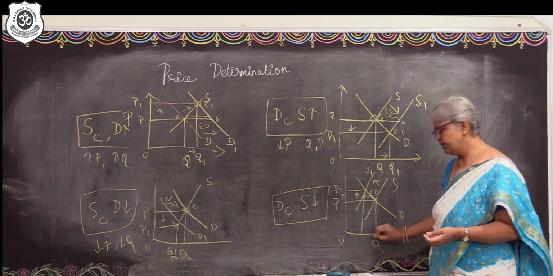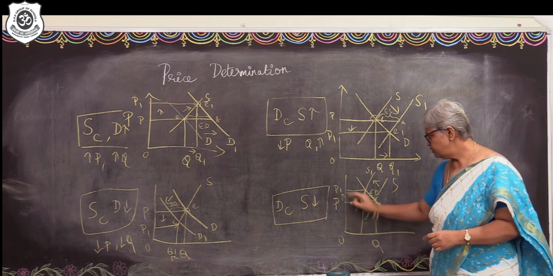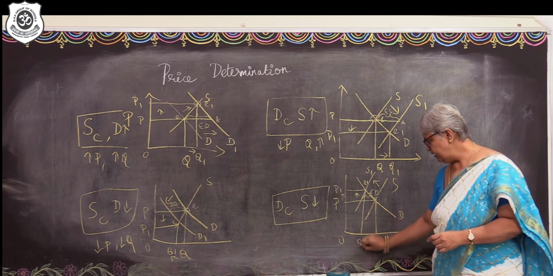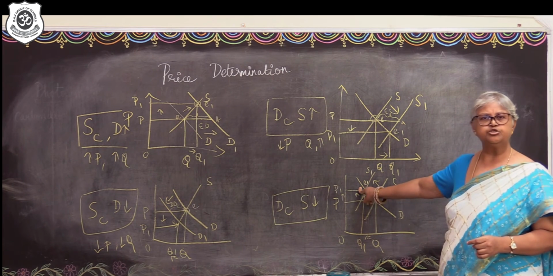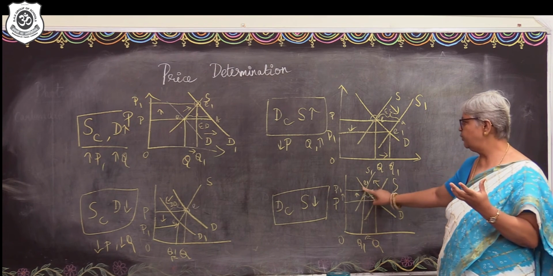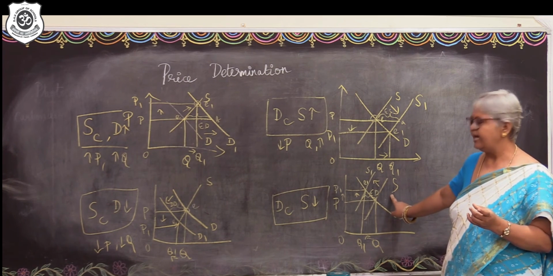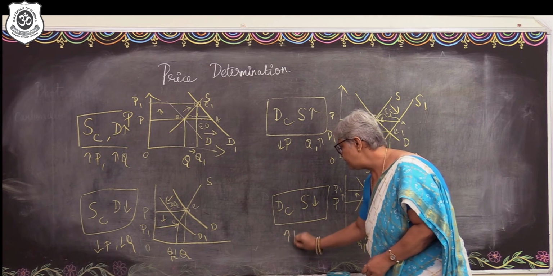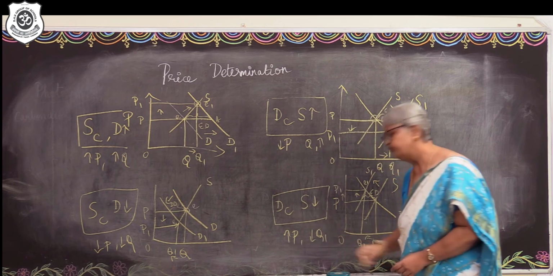at a higher price. So this new price and a lower output will be understood at E1 as a new equilibrium. This new equilibrium will be to the left of the original equilibrium, and the new equilibrium will be at a higher price and at a lower level of output.